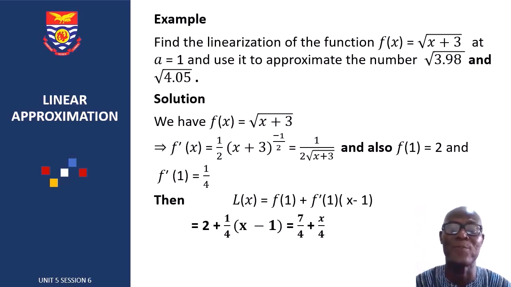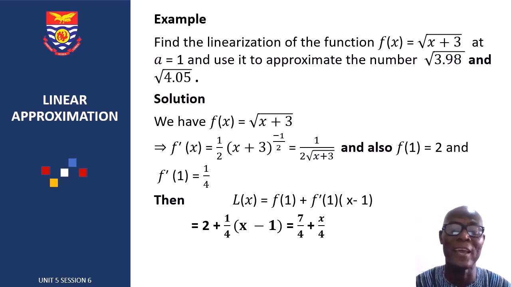Finding f'(x) gives 1/2 (x + 3)^(-1/2), using the power rule, knowing that √(x + 3) is the same as (x + 3)^(1/2), which gives 1/(2√(x + 3)). And also finding f(1), meaning in the function f(x), wherever there is x, we put 1, which gives f(1) = √(1 + 3), which is √4, and √4 is 2.